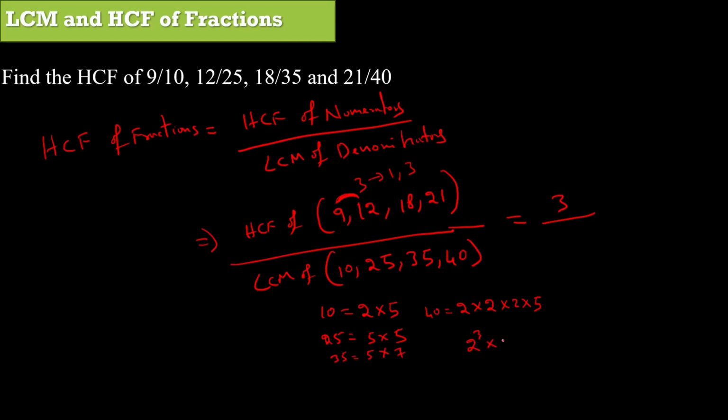What is the highest degree of 5? 5 power 2. And what is the highest degree of 7? 1. So the LCM will be 2 cube into 5 square into 7. So 2 cube is 8, 8 into 25 is 200, and 200 into 7 will be 1400. So this is our answer.